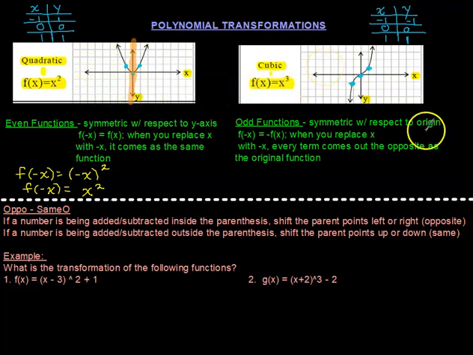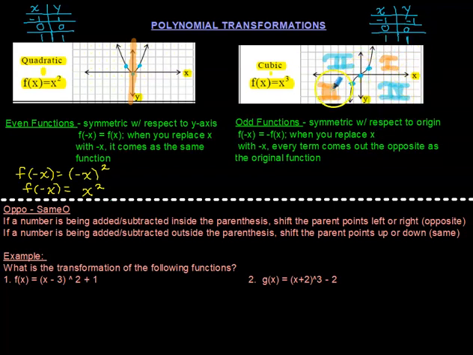Now, an odd function is symmetric with respect to the origin. So that means that quadrant 1 will look just like quadrant 3. And I know this isn't the case, but if you were to ever graph and quadrant 2 looks like quadrant 4, that's also symmetric with respect to the origin.